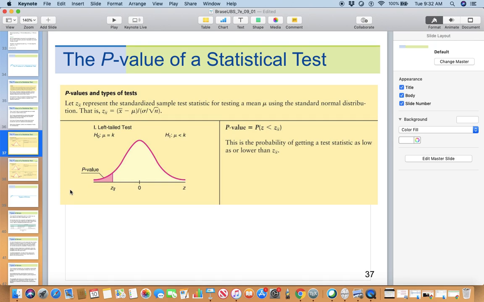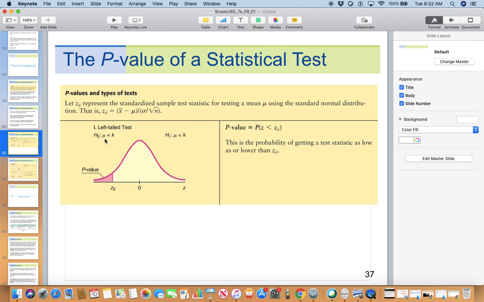Left tail. Z of x bar represents the standardized sample test statistic for testing a mean mu using the standard normal distribution. Z x bar is x bar minus mu over sigma over square root n.